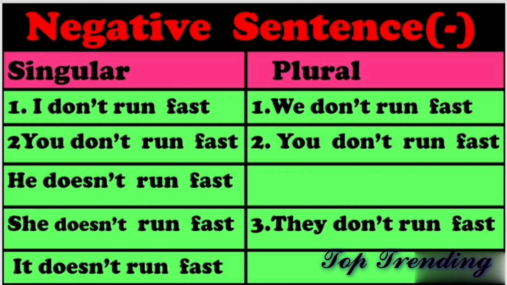In plural form, same. You don't run fast. And next one, he doesn't run fast. Then she doesn't run fast. It doesn't run fast. The plural form of these sentences is they don't run fast.